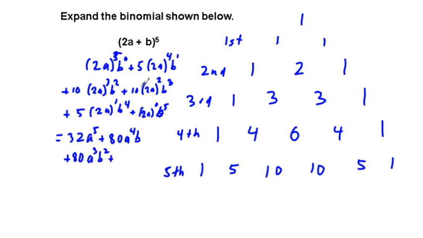Then we would have plus this term here, 2 squared is 4 times 10, we have 40 a squared b to the 3rd power, plus 2 to the 1st power is 2 times 5 is 10, so we have plus 10 a b to the 4th power, plus 1 down here, b to the 5th power.